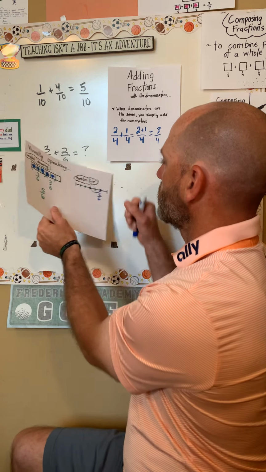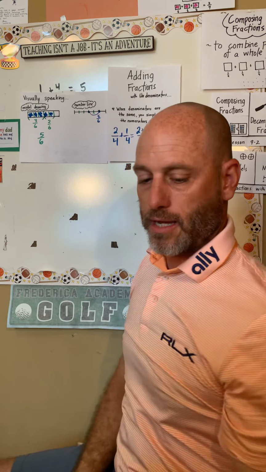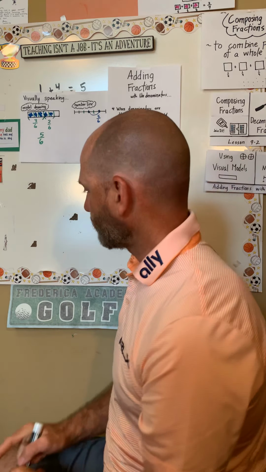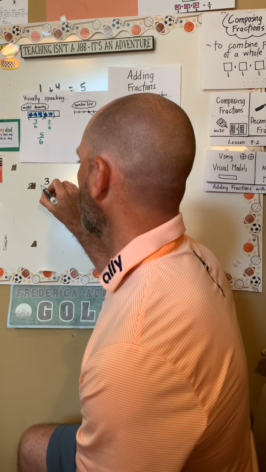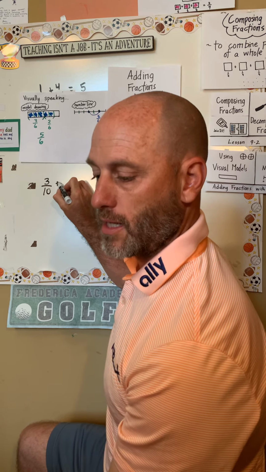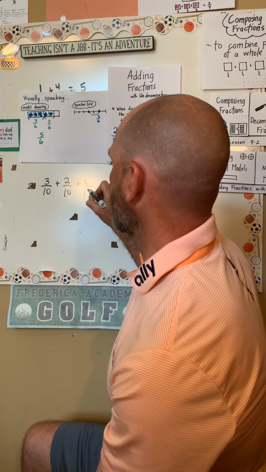Now, let's do a couple practice problems, okay? I'm going to go to your workbook pages on page 479, and I'll randomly choose number 14. I don't even know if this is one that I'm asking you to do, but number 14 does say 3/10 plus 2/10 plus 6/10.